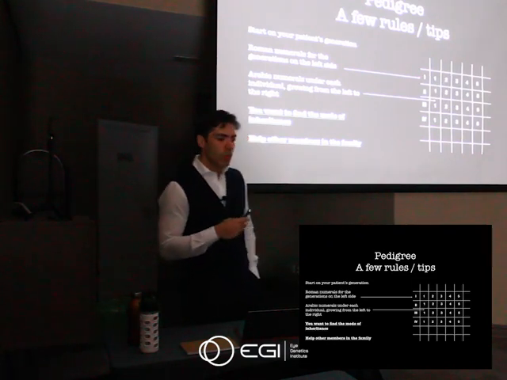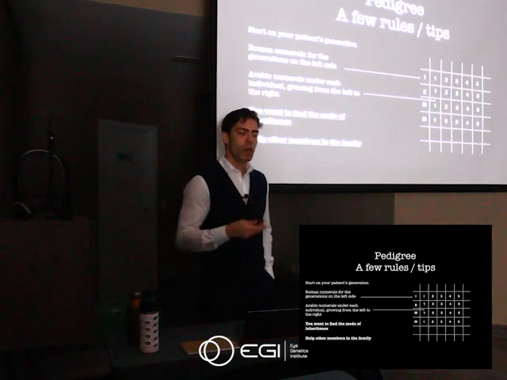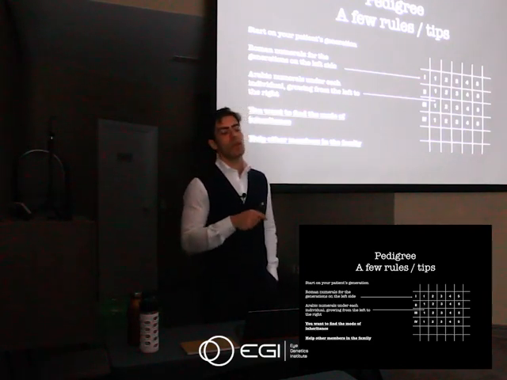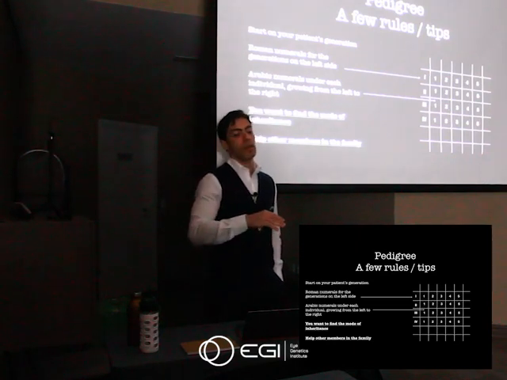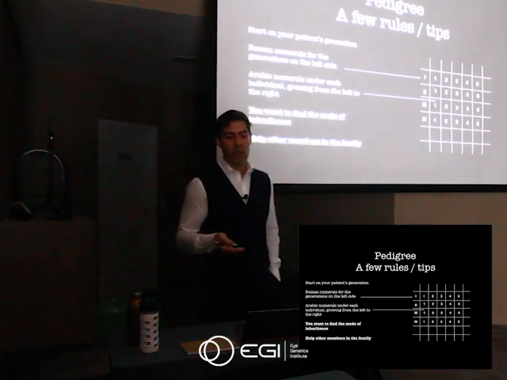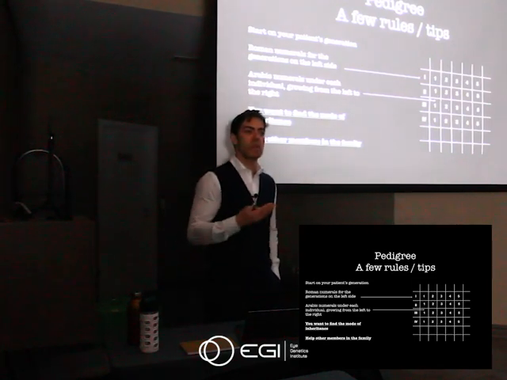Also, you want to help other members in the family. Let's say that you draw your pedigree, and when you draw it, you identify that 5 more people are in jeopardy of being affected by the same condition.